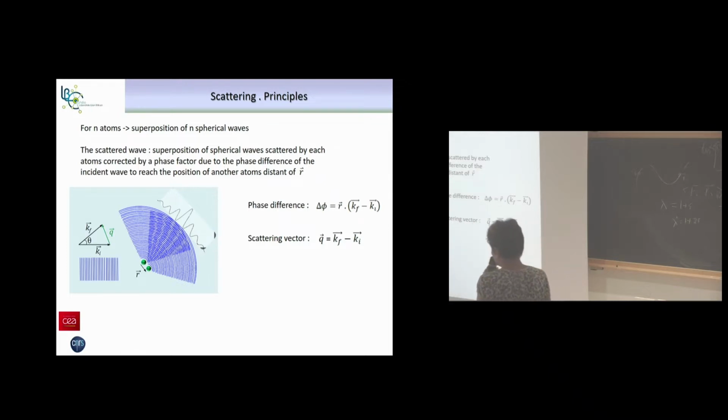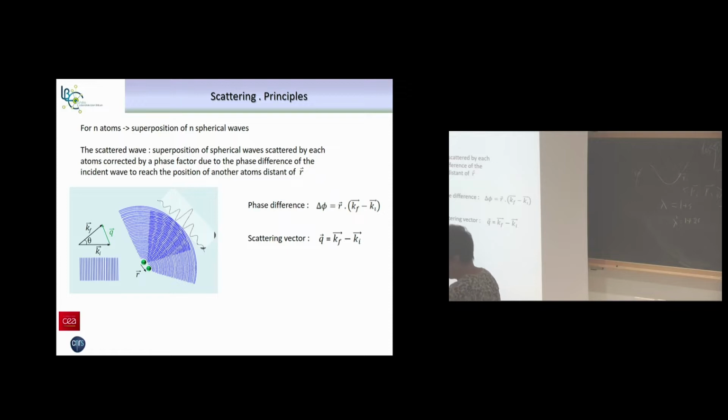And these are vectors. So the phase difference depends on the vector between these two atoms, and on the difference between the final wave vector, Kf, minus the incident wave vector, Ki.